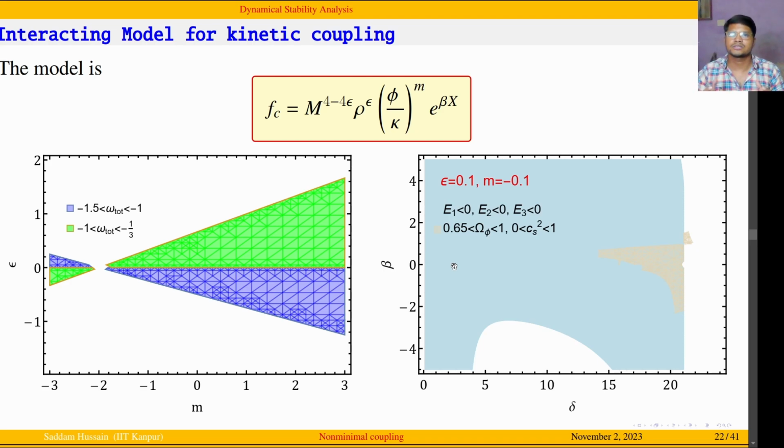So we have chosen something like an exponential type of interaction, where e to the power beta times phi over kappa to the power m, because phi is normalized with kappa to the power m, then rho to the power epsilon. So now we have very complex field equations and a complex parameter space, which is basically epsilon, m, and beta, and there is a potential parameter which is coming out to be delta, right?